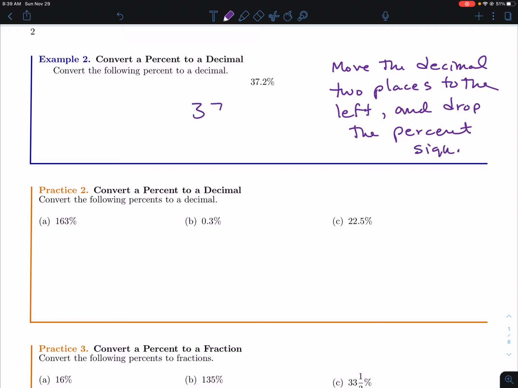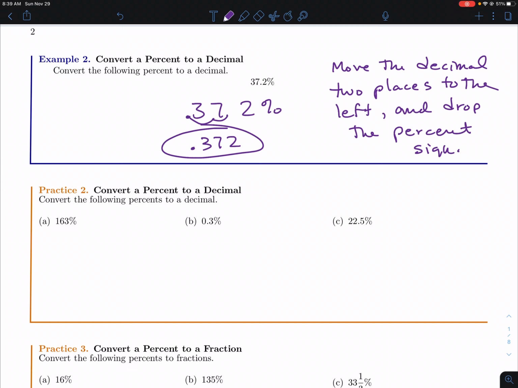So if we've got 37.2%, 2 places to the left puts the decimal in front of the 3. So we end up with 0.372, and again, drop the percent sign at this point.